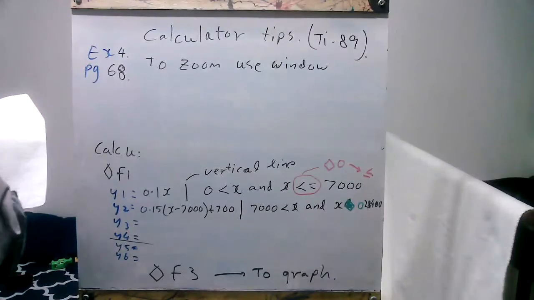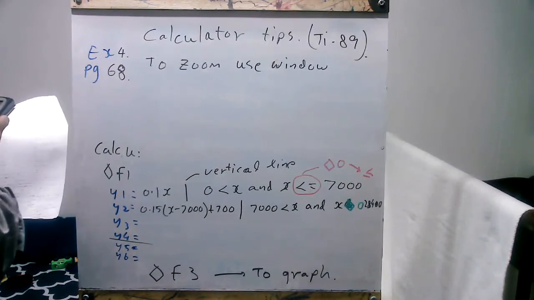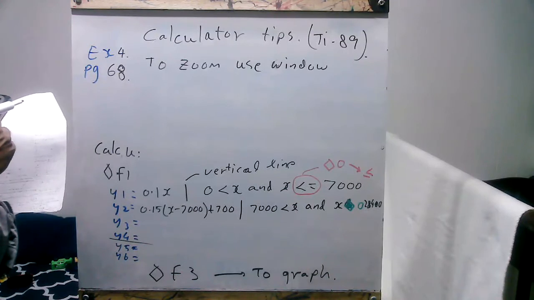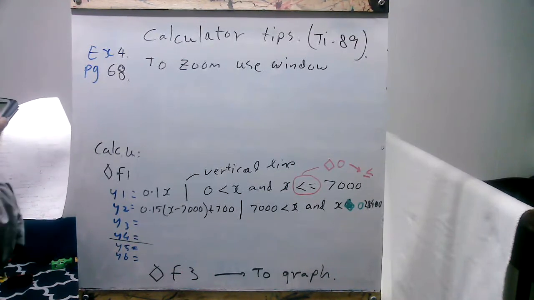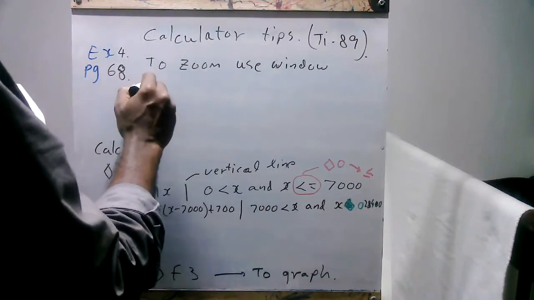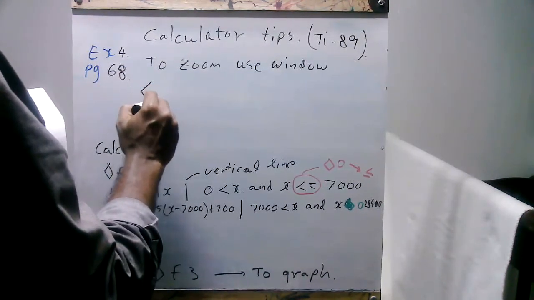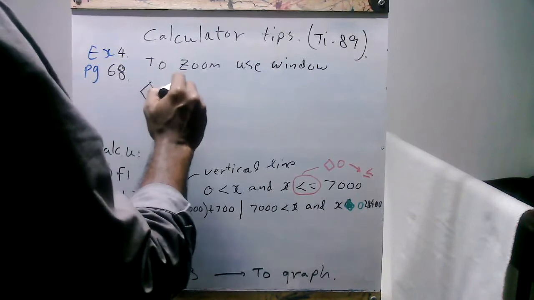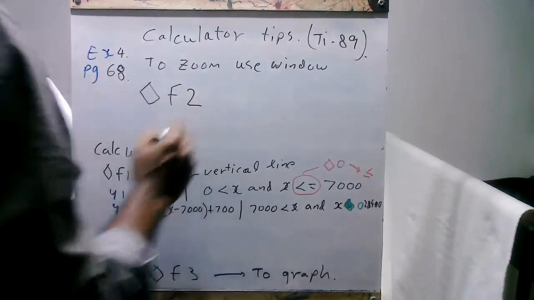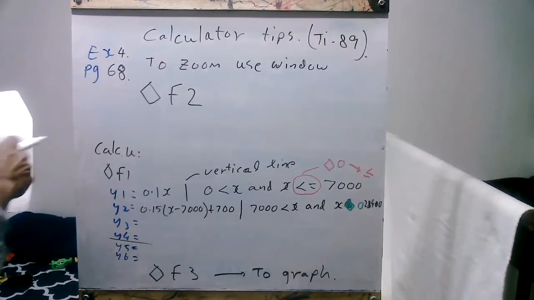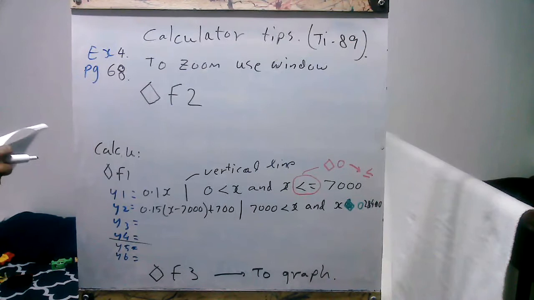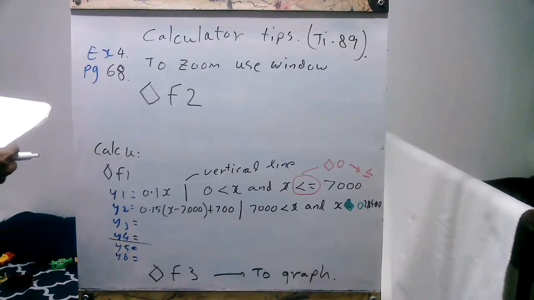For the window screen, it is green diamond and F2, right? Green diamond and F2 gives you a window screen.